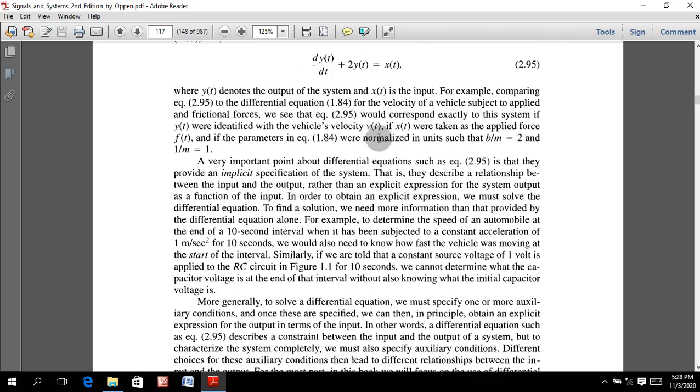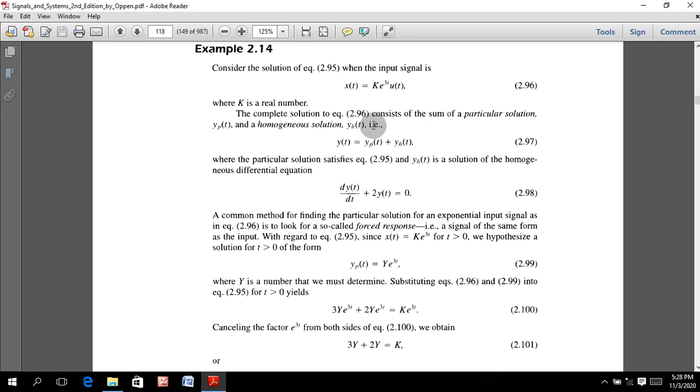For the homogeneous solution, the input signal is 0. It means the homogeneous solution will only provide the so-called natural response or initial condition response, where we haven't provided any input signal.